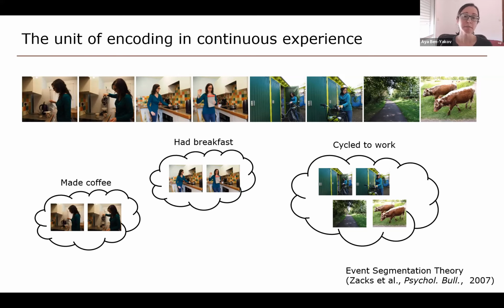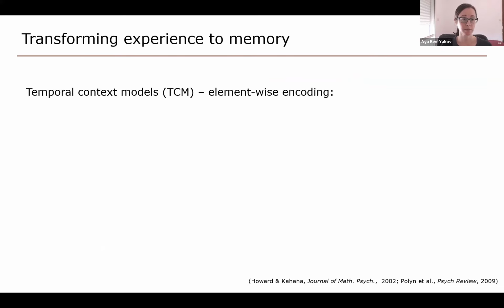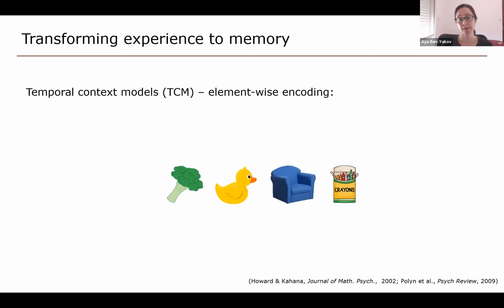Now, this question of how experience is transformed to memory, of course, has been studied for a very long time. And there are very influential models that describe how experience is transformed to memory. I think the most influential ones are temporal context models, which are a class of models, according to which we encode every element as we encounter it. So if we have this sequence of items that we encountered, we have some what's called context, which basically includes everything.